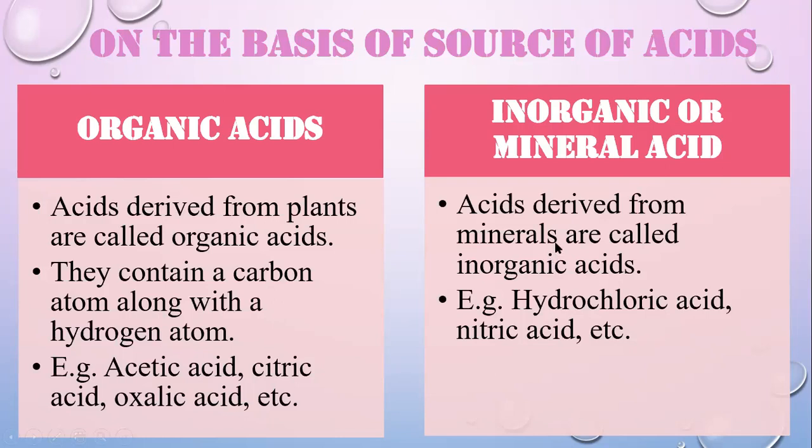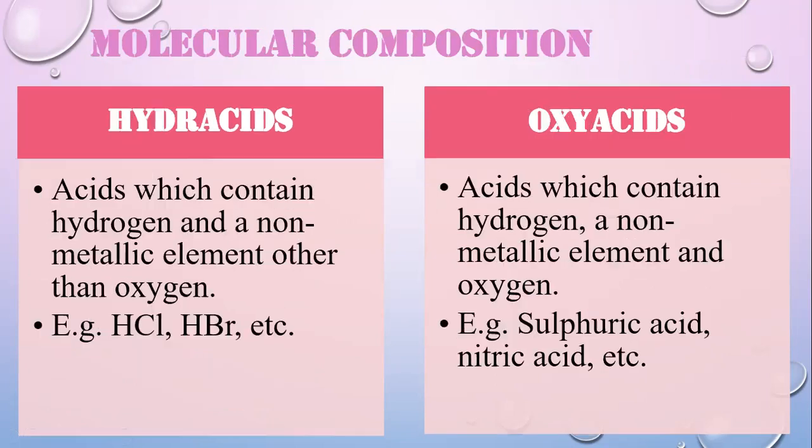So these inorganic acids usually contain a non-metallic element, hydrogen, and oxygen. Oxygen may or may not be present. Like in hydrochloric acid, you don't have oxygen, but in nitric acid, you have oxygen. Now we will classify on the basis of molecular composition. The two types of acids are hydracids and oxyacids.